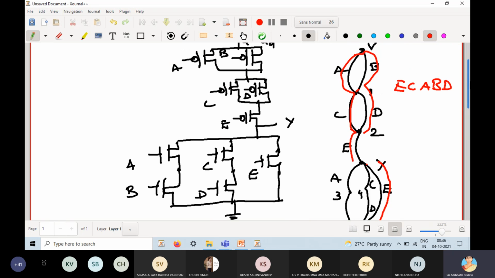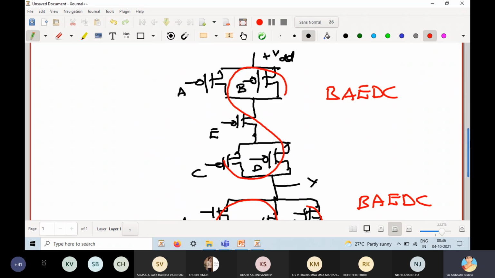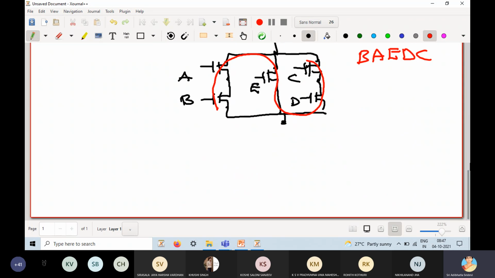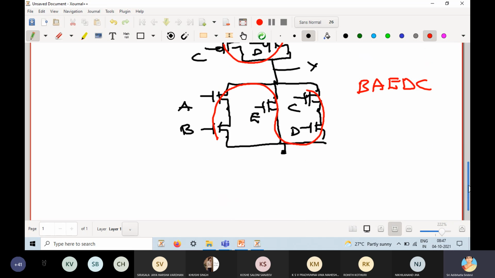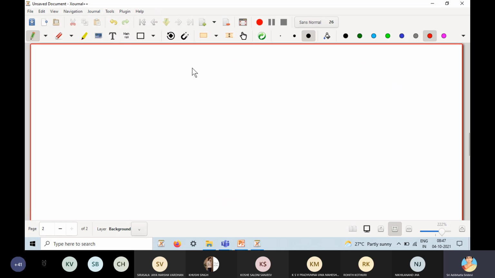So here I didn't draw the graph, no? So I will draw the graph here because drawing the graph is important for us to draw the stick diagram. So BAE DC is our path. Just I can show you by drawing the graph also. So I'm starting with node V, right?